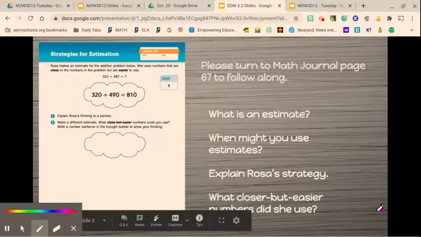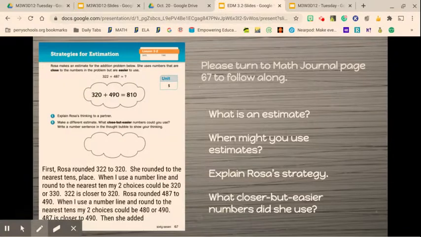And so what I decided I wanted to write was, first, Rosa rounded 322 to 320. She rounded to the nearest place, tens place. When I use a number line and round to the nearest 10, my two choices could be 320 or 330. 322 is actually closer to 320. Rosa rounded 487 to 490.